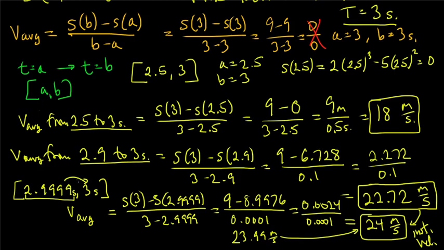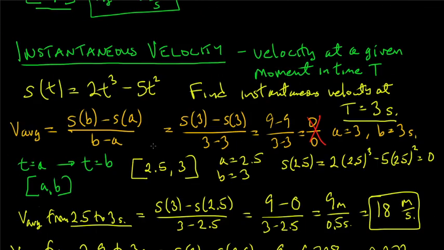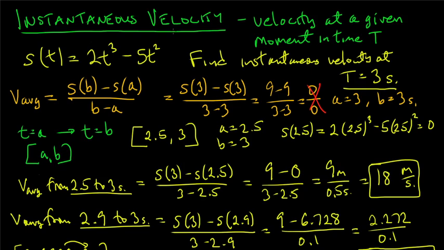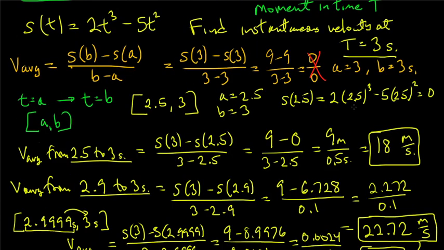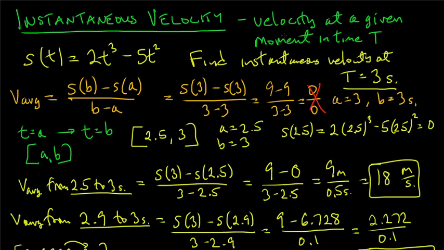Right. So we can sort of approximate the instantaneous velocity by using shorter and shorter time intervals that are closer and closer to this, right, this 3 seconds, which is where we wanted to calculate the instantaneous velocity. Right.